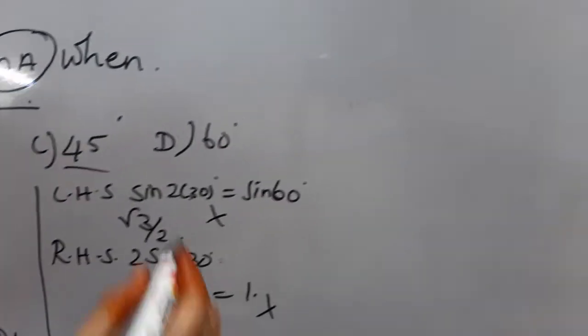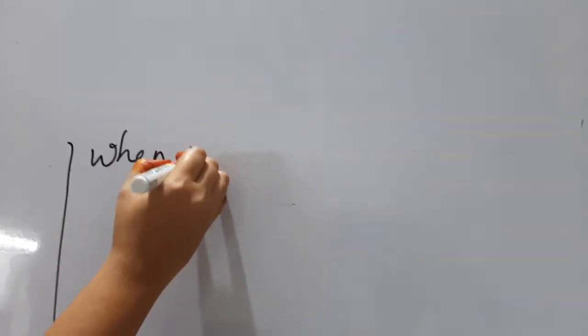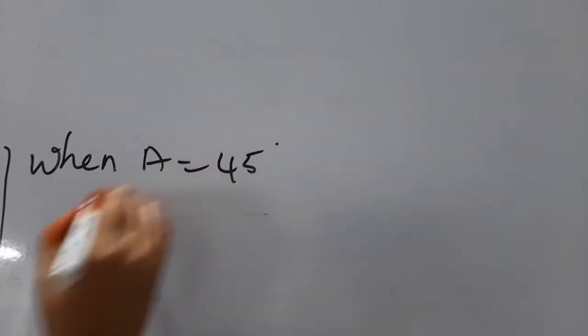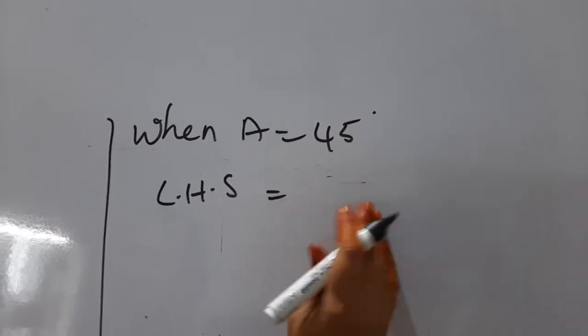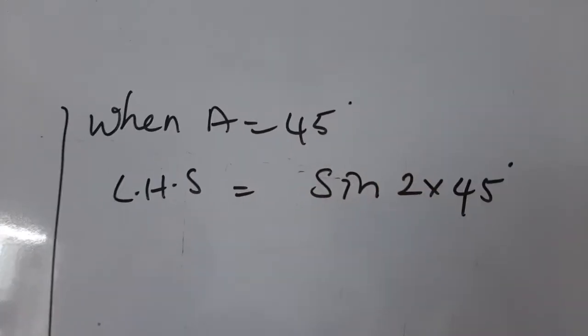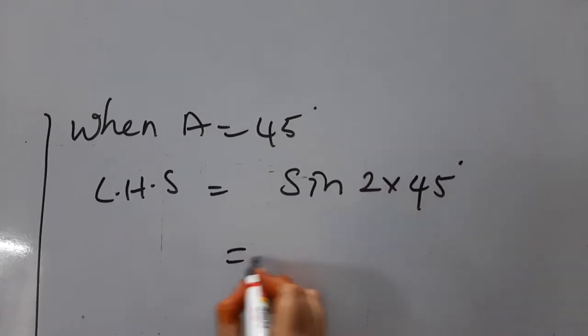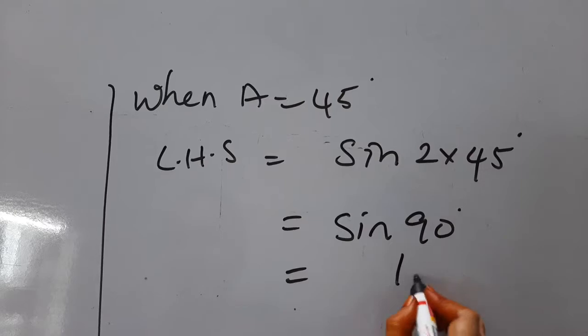If we check for 45, when A is equal to 45, the left hand side expression becomes sin 2 into 45, which becomes sin 90. The value of sin 90 is 1.